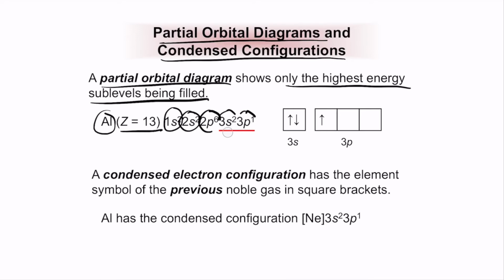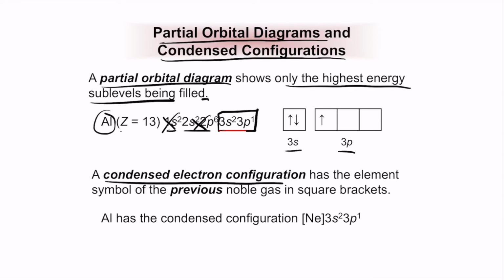Here we are not going to show all of the configuration, because the first orbit is filled and the second orbit is also filled. The only unfilled orbit here is the third, so we are only going to write those two separately. That is the idea behind a partial orbital diagram, and this is how you write it.